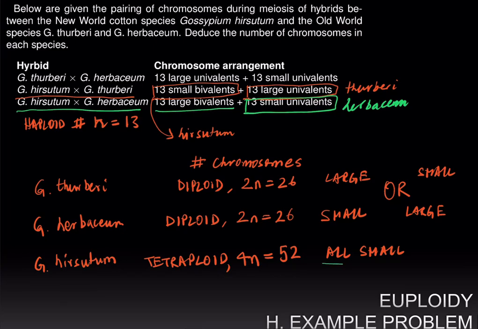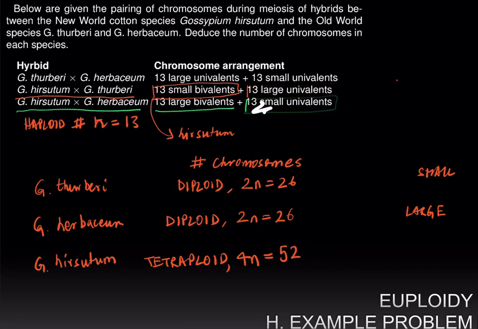This contradicts our previous conclusion that Hirsutum has 52 small chromosomes, which implies that this scenario where Thurberry had the large chromosomes and Herbaceum had the small chromosomes is incorrect. And in fact, it must be that the small chromosomes are from Thurberry and the large chromosomes are from Herbaceum. So let's try that out.